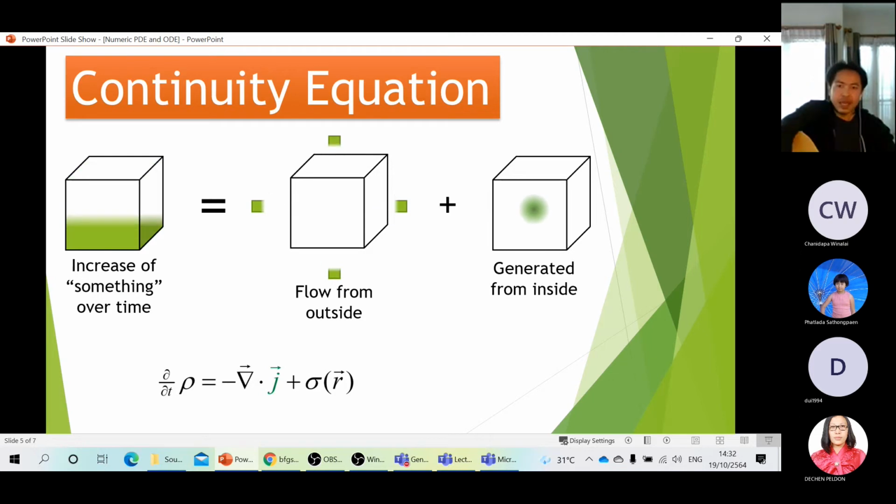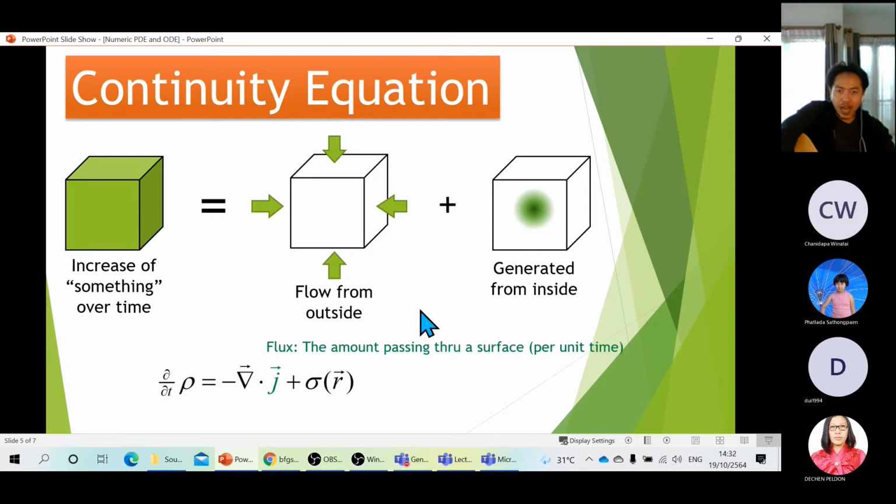Okay, now let's pause the animation over here and try to understand the terms involved in this equation. On the left-hand side is easy. We have d rho dt, that is the increase of that thing over time. What about this term on the right-hand side, the j?